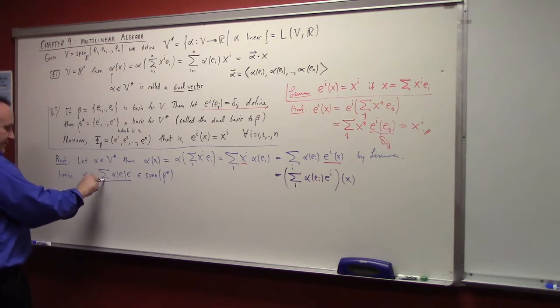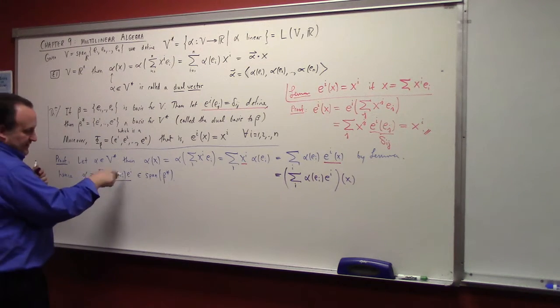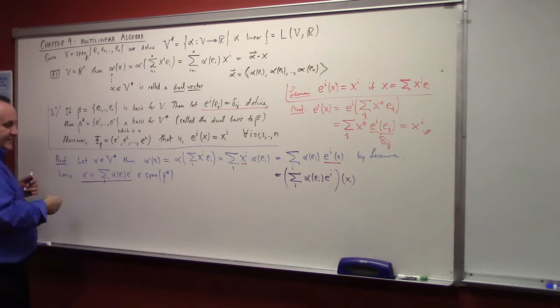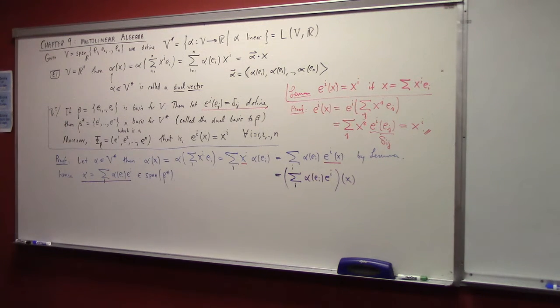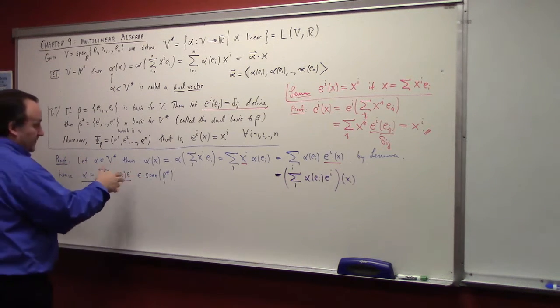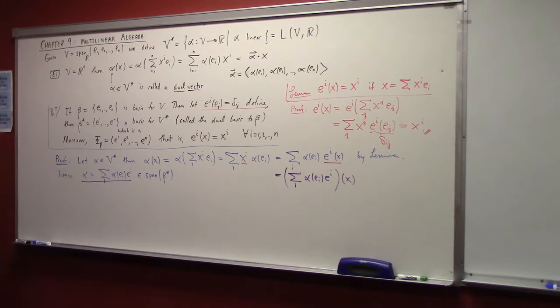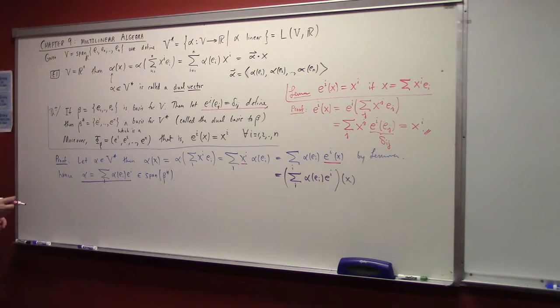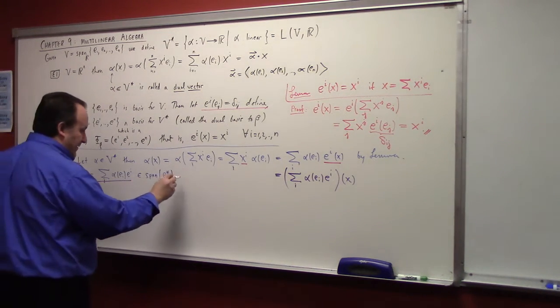But then, of course, these are just numbers, and that's clearly in the span of the dual basis. Now, to prove it's a basis for the dual space, I have it to span. I need to check linear independence of beta star, right? So how can we prove linear independence?